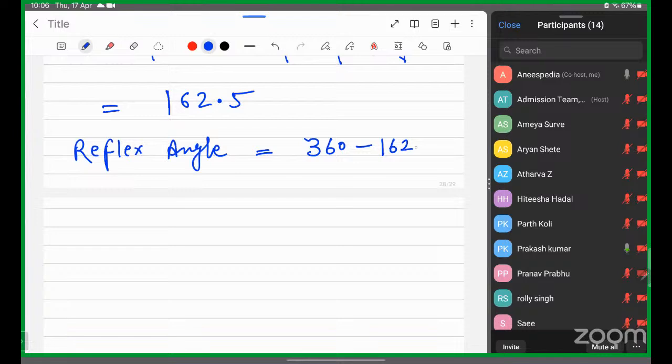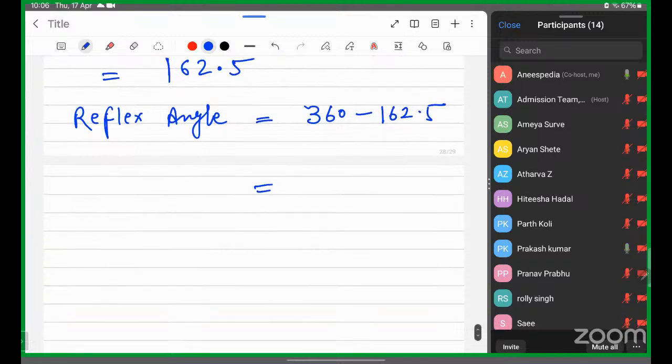How much will this be? 360 minus 162.5 will be how much?